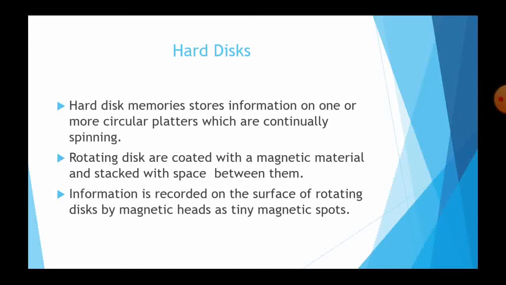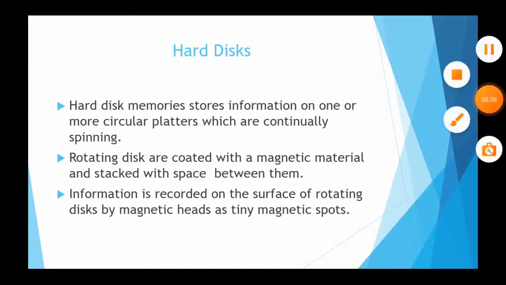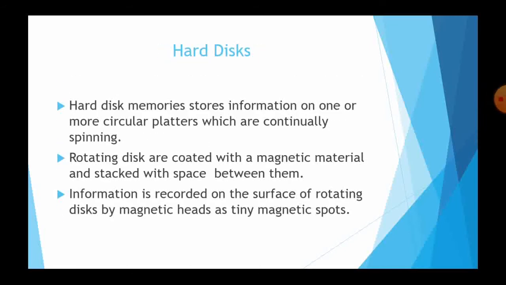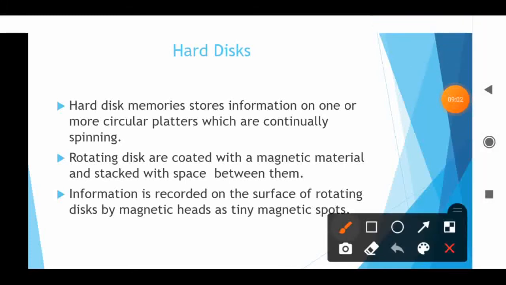The first device is the hard disk. We will see how the data is stored in the hard disk. The hard disk stores information in one or more circular platters which are continuously spinning. The rotating discs are coated with magnetic material and stacked with space between them.